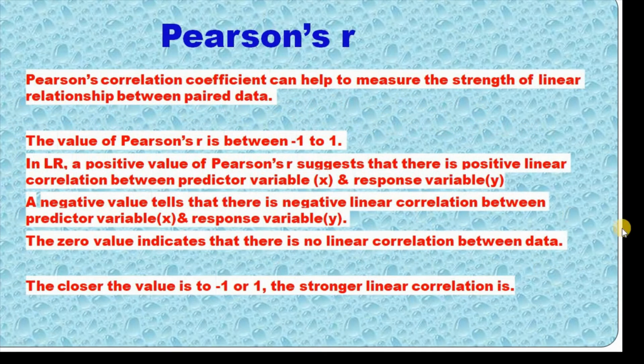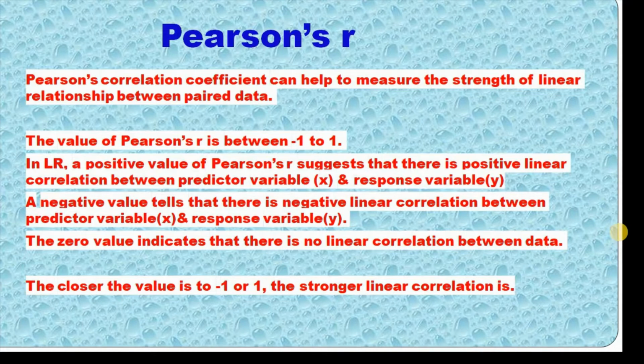Then comes Pearson's R, which can help to measure the strength of linear relationship between paired data, and its value could be -1 to +1. It has been suggested that in linear regression analysis, a positive value suggests that there is positive linear correlation between predictor variable x and response variable y.